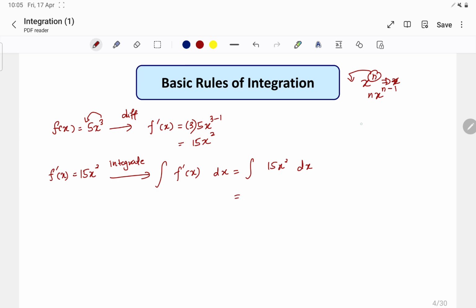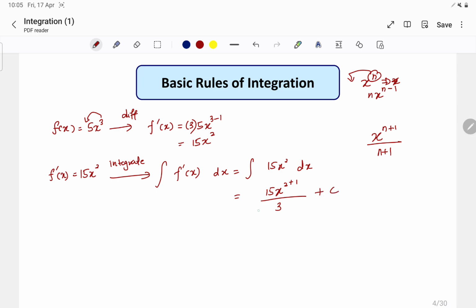The first step when you integrate x to the power of n is to add 1 to the power, and then divide by n plus 1. So with 15x squared, the power plus 1 gives 3, then you divide by 3. Here you must put plus c.